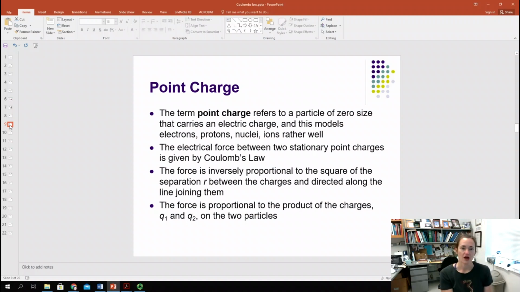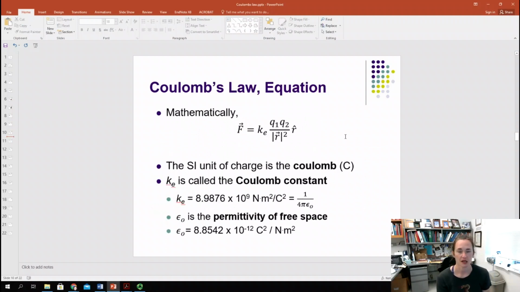Alright, now we're going to talk about Coulomb's Law. Here it is mathematically expressed. This says that the force in between any two point charges is equal to k, the Coulomb constant, 8.99 times 10 to the 9th newton meters squared per coulomb squared, times the product of the two charges in question, Q1 and Q2, divided by the center to center distance between those charges, r squared, and then times r hat.